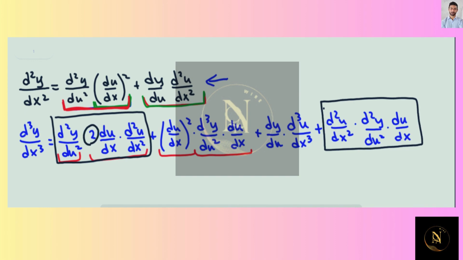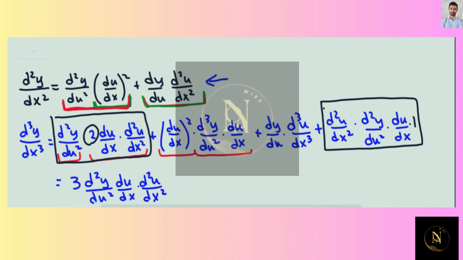And so we have 2 of them in the first term, we have 1 of them in the last term, and so we can add those together and we have 3 of them. So we have 3 times d squared y du squared times du dx times d squared u dx squared.